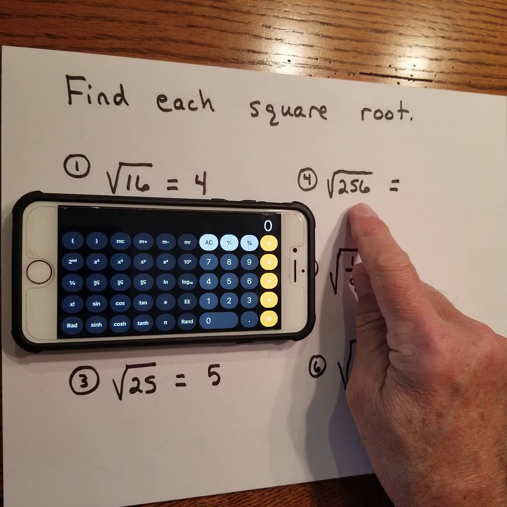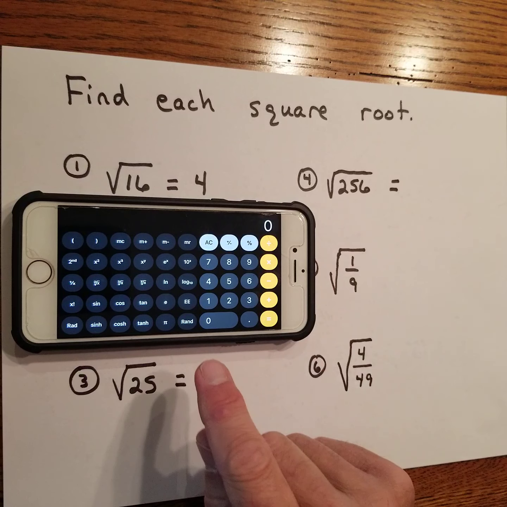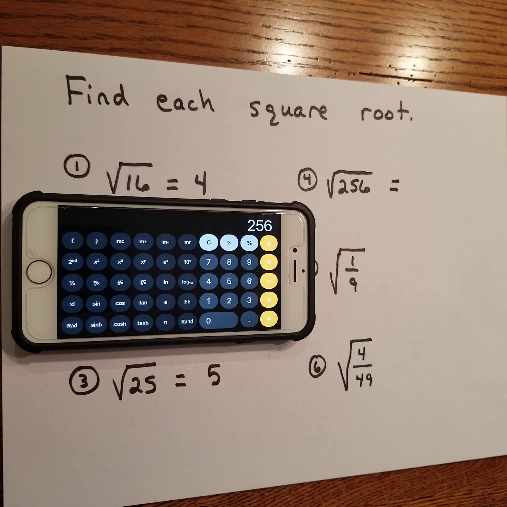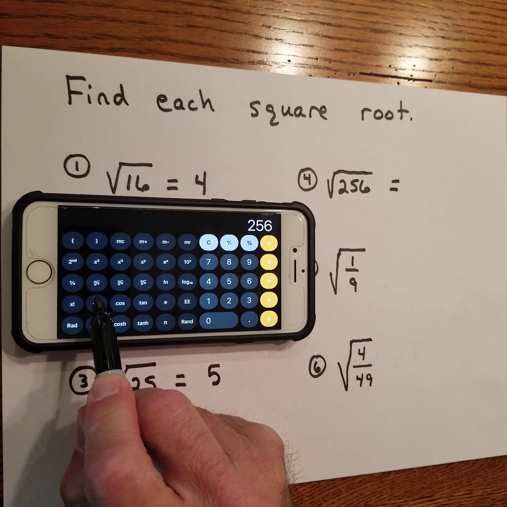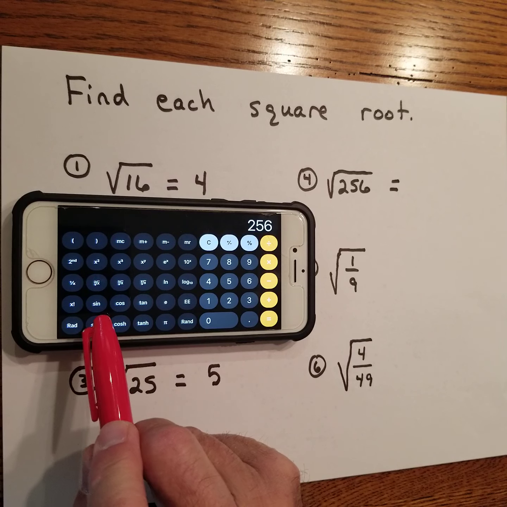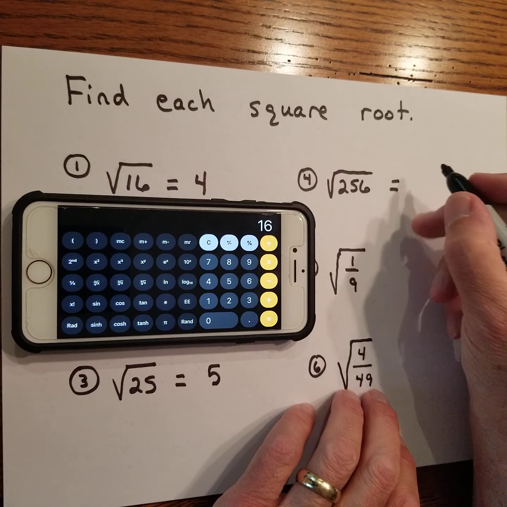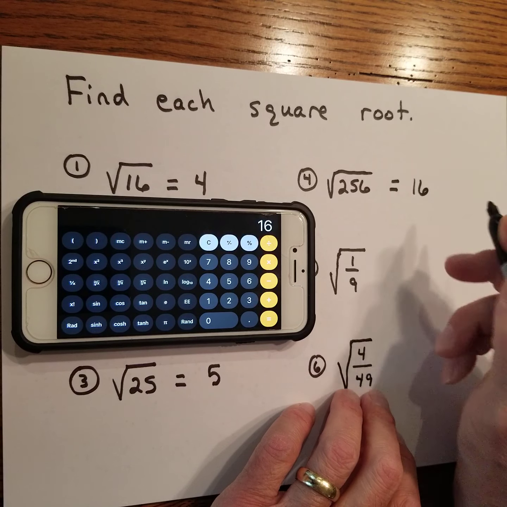I want the square root of 256. On this type of calculator, you type in the 256 first, and then you find the square root button. Here's my square root button right there. I'll hit that square root button, and the square root of 256 is 16. Why is that right?